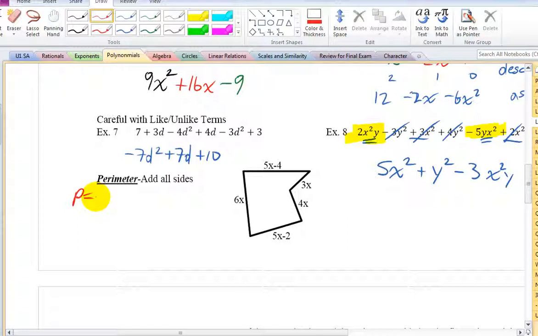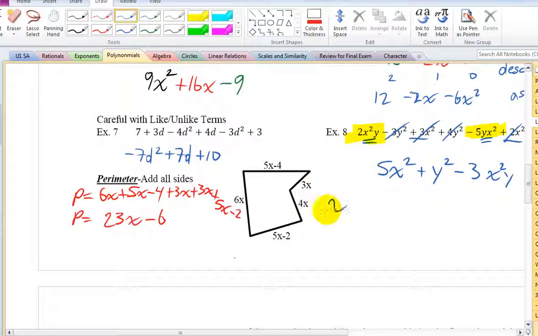Is it 23? Oh, yeah. 23x minus 6. Good. Add up all the sides.